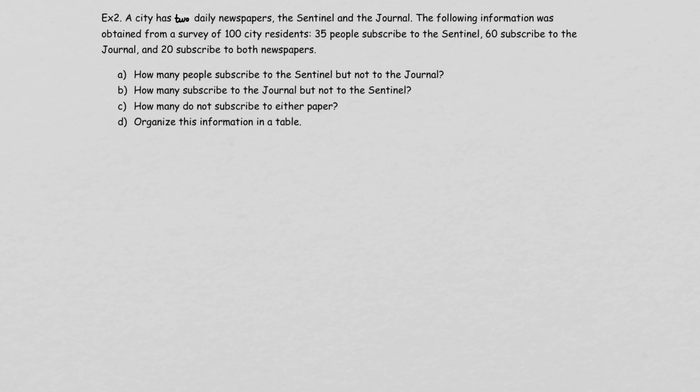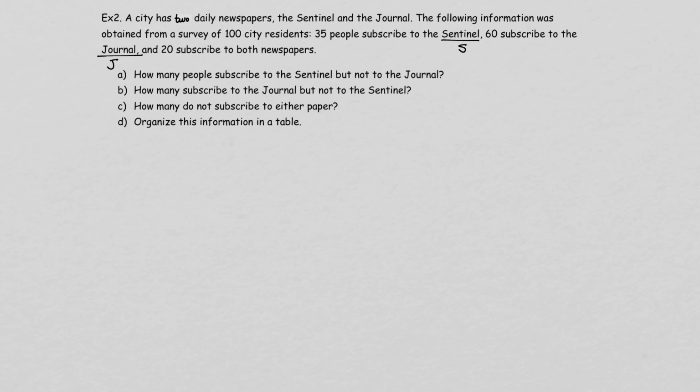And in order to draw Venn diagrams, I need to have letters that represent these 2 newspapers. So let's use the variable S for the Sentinel, and then the variable J for the Journal.